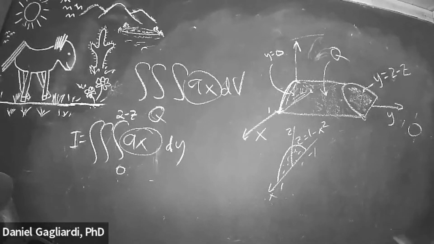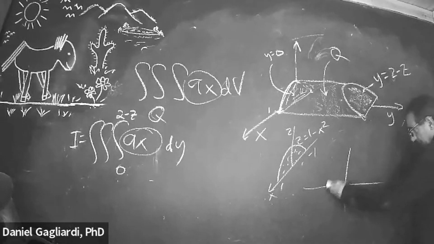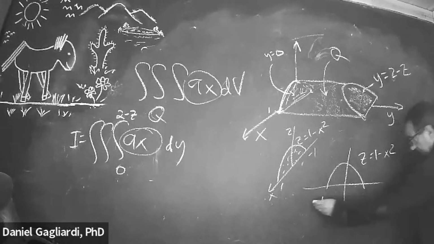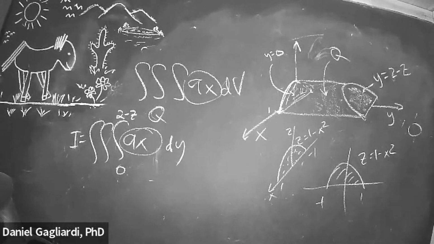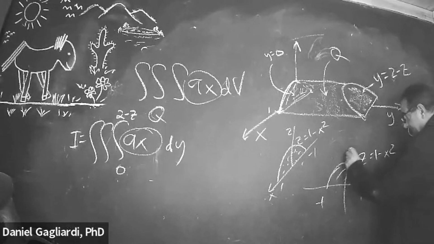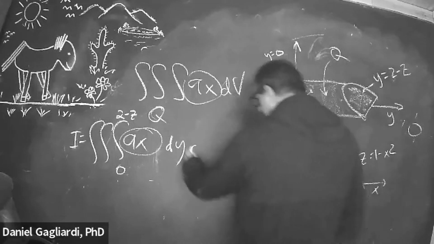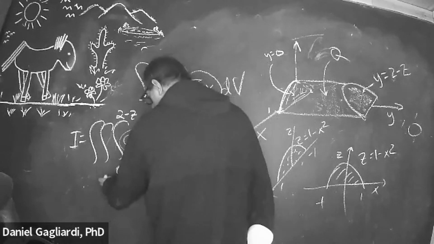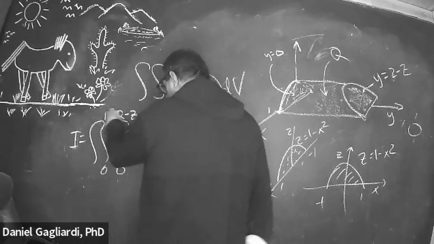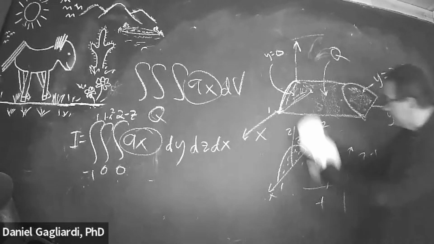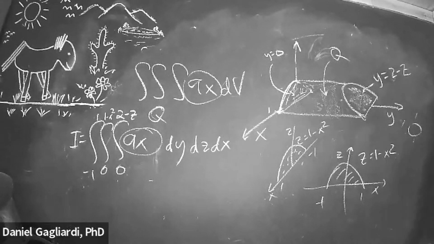Drawn like this, z is equal to 1 minus x squared, where x goes from -1 to 1, and this is a patch of grass, looking down on it. In light of that, we could write dz next, where z goes between 0 and 1 minus x squared. And then finally, dx goes from -1 to 1. So from this diagram and the given integrand, we've built our integral.